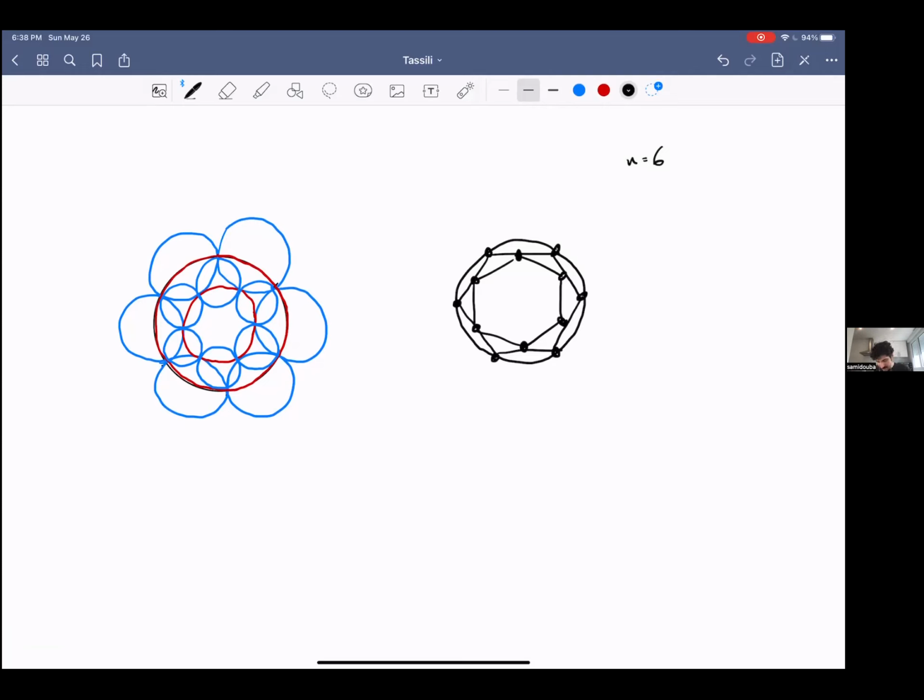In fact, these are well-known and well-studied polyhedra. They're the ideal right-angled antiprisms. And again, we can two-color the sides of this polyhedron. Right. Here we go.